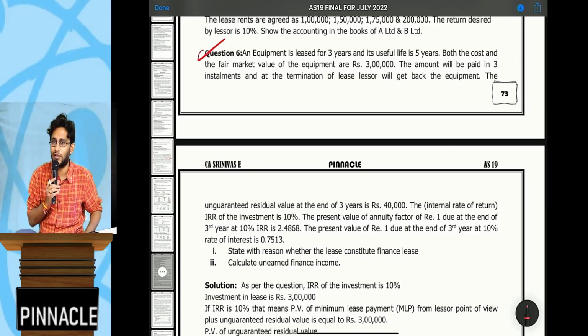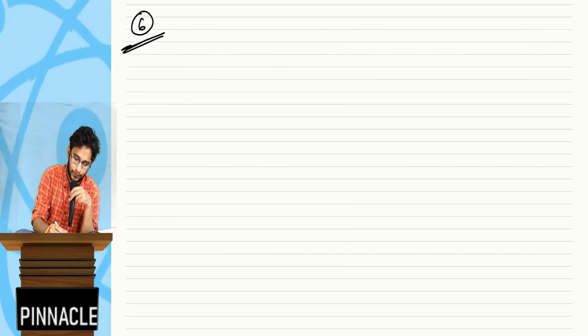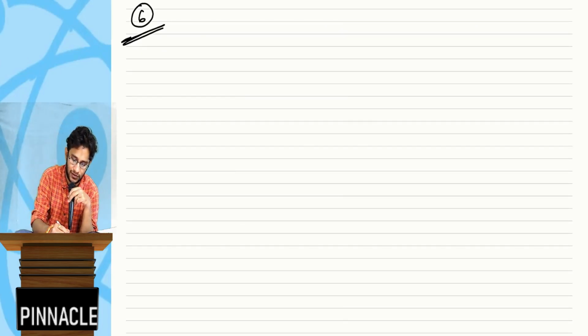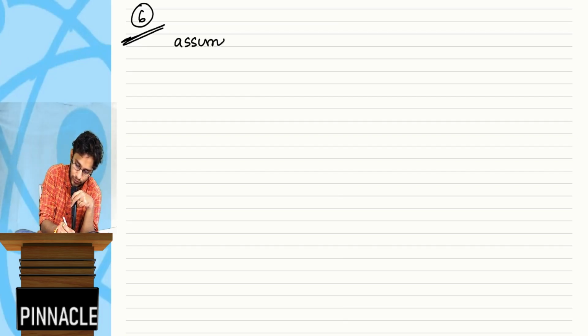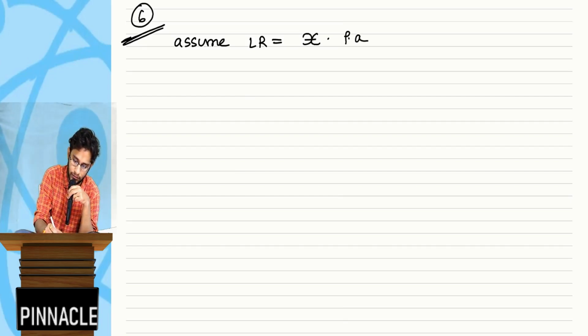Sir, this is difficult. No, sir. Not difficult. Let's see how difficult it is. Sir, I have a shortcut, but let's think from the ICA point of view only, otherwise you'll feel bad. Okay, now assume lease rent is equal to X per annum.